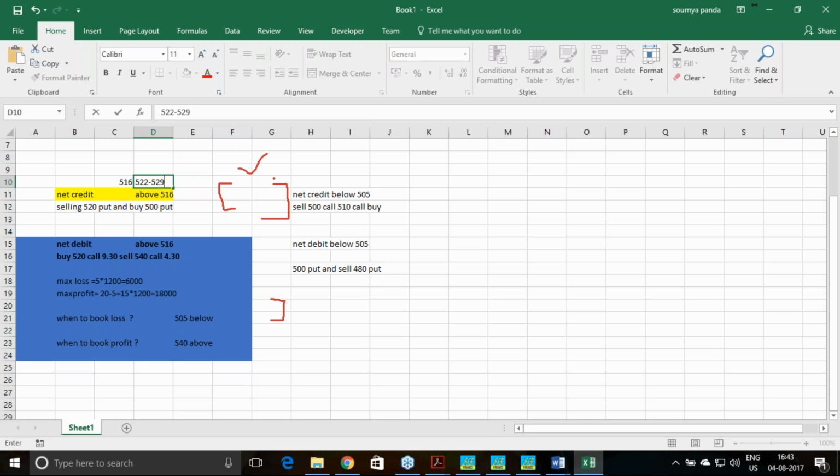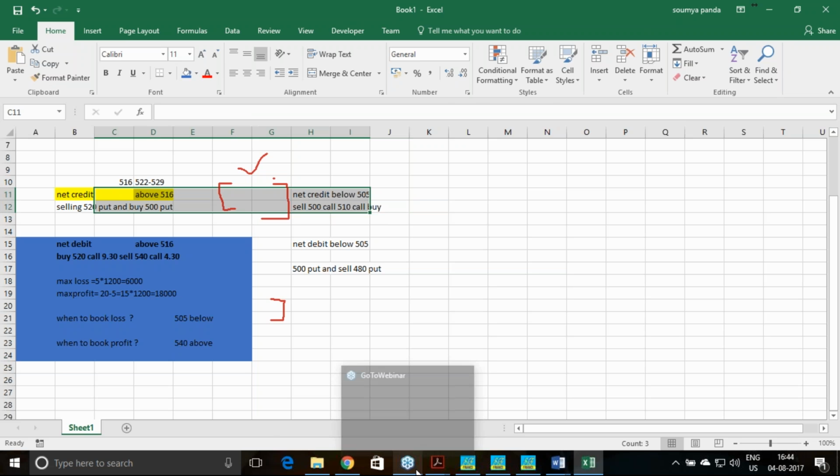From this level only I will book the profit and come out. And if it is going to 505, this is my stop loss level, so nothing can be helped out. I have to come out from there and again form a net credit strategy, selling a 500 call and buying a 510 call.